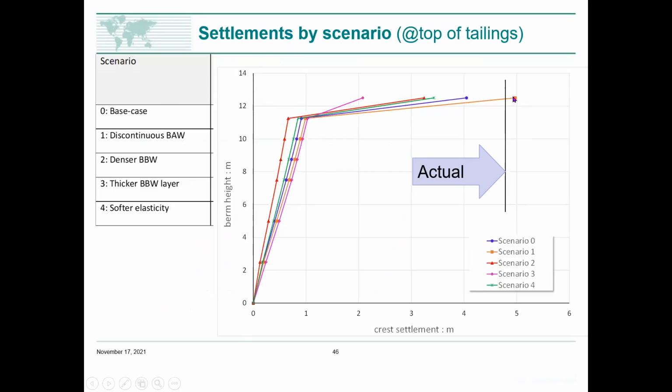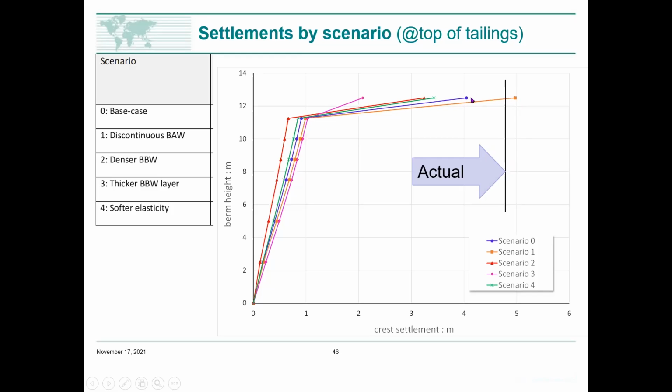This one here is when we take out layer A, pretending layer A is discontinuous. The actual, my judgment from Bob Hardy's sketch of the day, is 4.8 meters. The green scenario is where we put the elasticity softer. That one over there is when we made it denser.